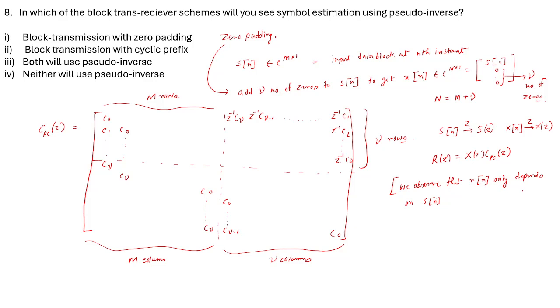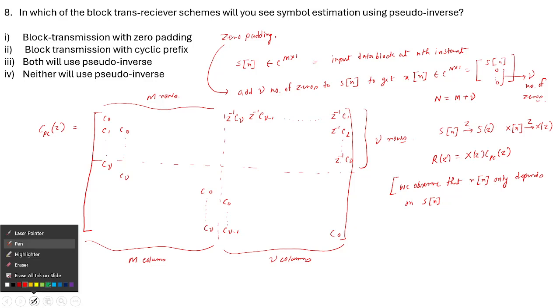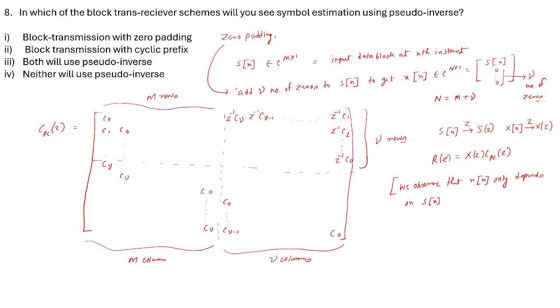So there is no interference from previous instances. If you see the pseudo circulant channel matrix structure, this part is our main concern here. Our goal is to nullify the effect of this part.